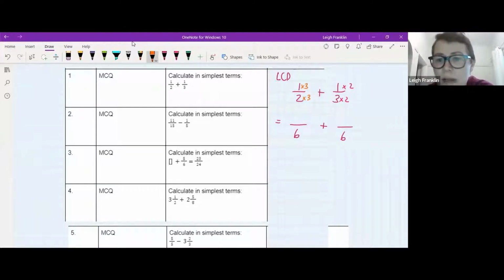At the top here we end up with 3 over 6, which is the same as a half, and on this side we would end up with 2 over 6. If we add those two together, we get the right answer, which was 5 over 6.